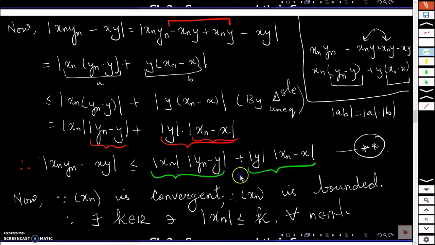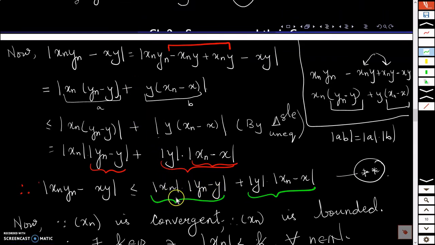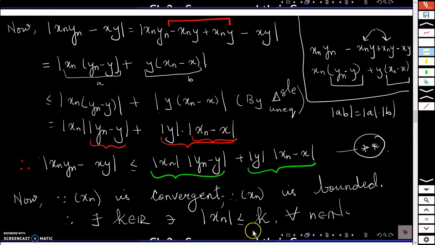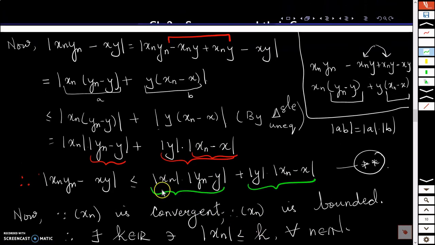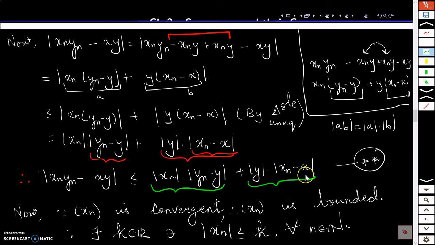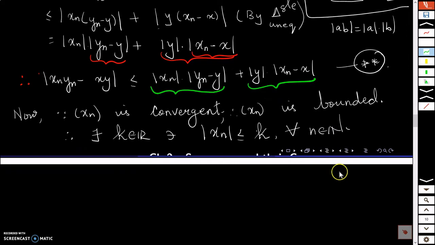Fine. So mod yn minus y is less than epsilon, and this mod xn here is less than or equal to k, right? So this will be less than or equal to k and this is epsilon here. So I will have something of this type there. So that first part will be less than or equal to k times epsilon, and finally I need epsilon by 2.